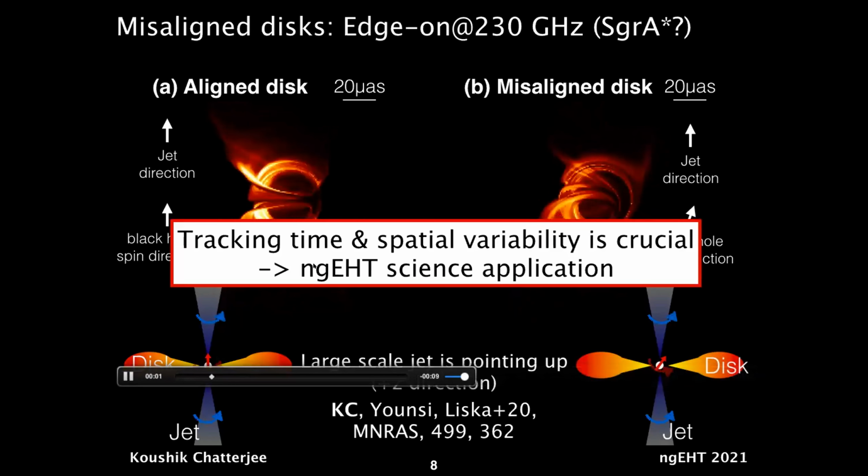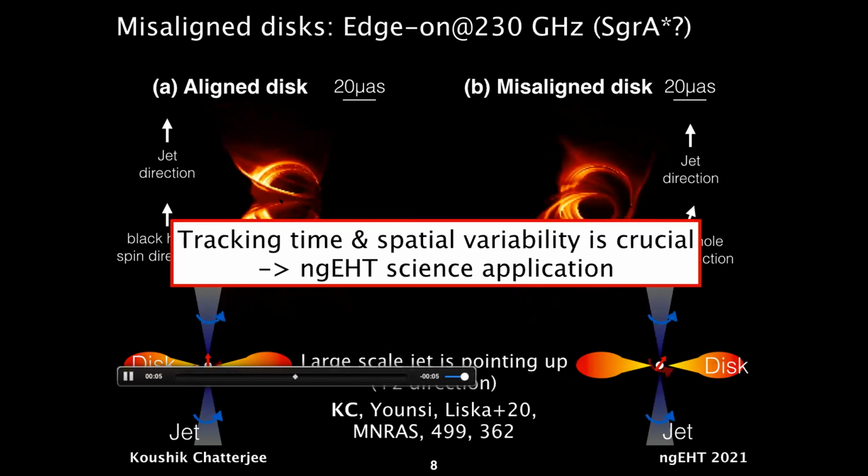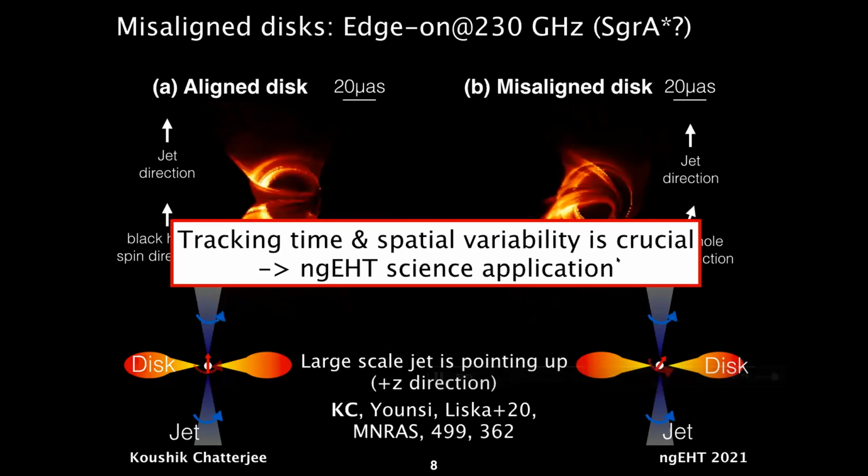And so tracking the time and the spatial variability at 230 gigahertz will be pretty crucial when comparing between aligned and misaligned simulations. And this could be a great ngEHT science application.